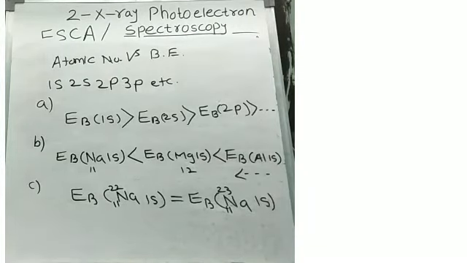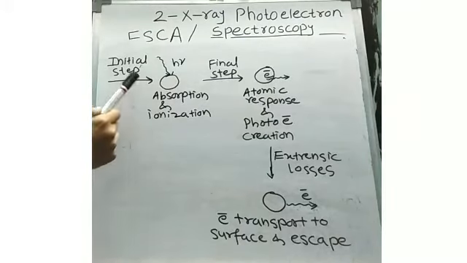First step, the initial step: absorption and ionization take place. Second step, the final step: atomic response and photoelectron creation. And in the third step: extrinsic losses, electron ejection, electron transport to the surface and escape.